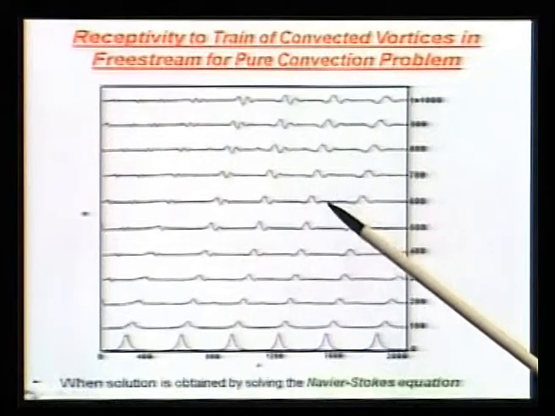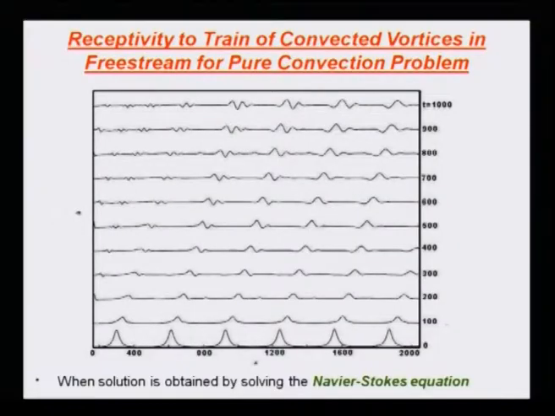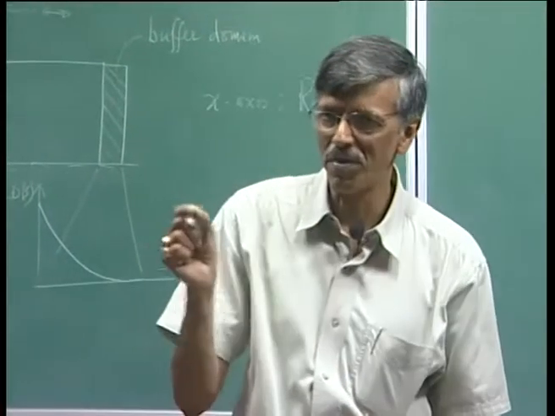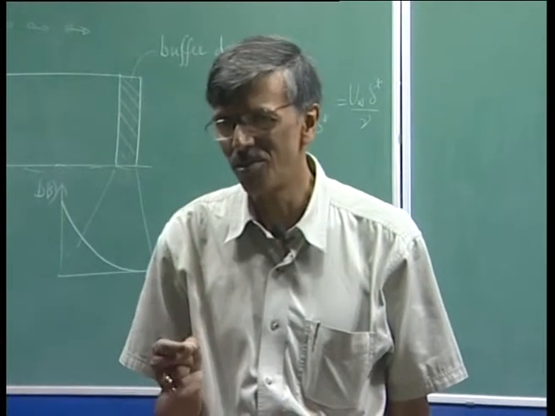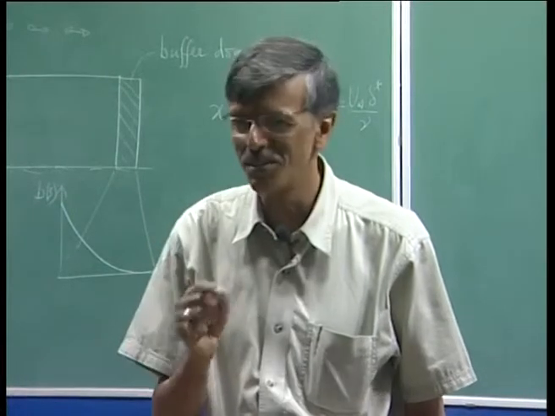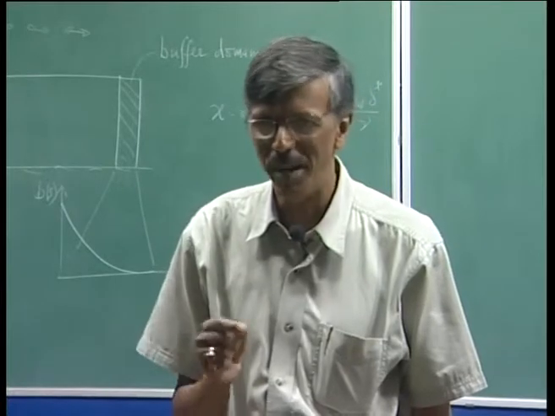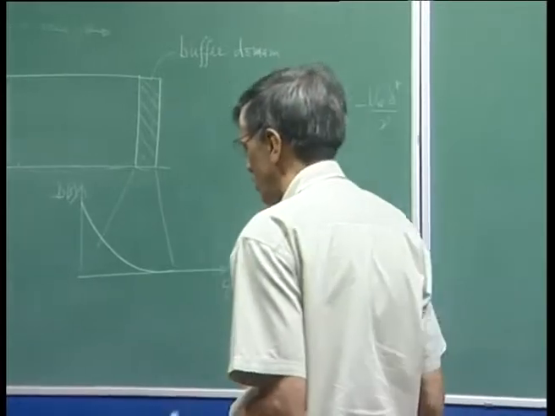That is what you are seeing. The secondary, tertiary peaks are coming up. This is a very interesting thing. You have created a perfectly steady excitation, and what you are seeing is a typically unsteady solution. So, this is one way of creating unsteadiness in a flow by a steady disturbance field. That is one thing you see.